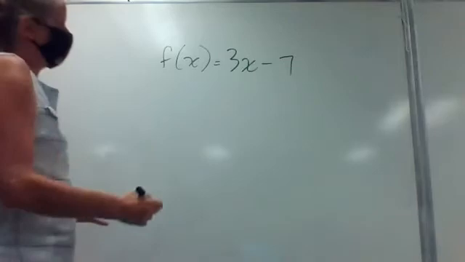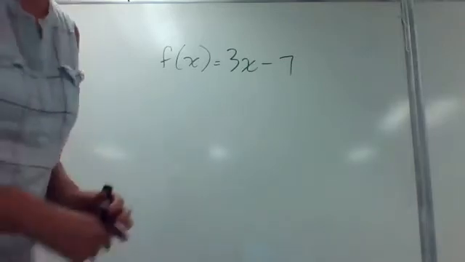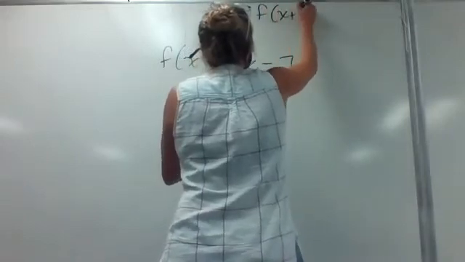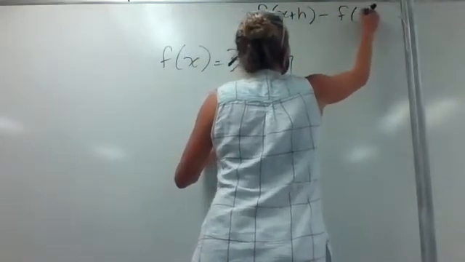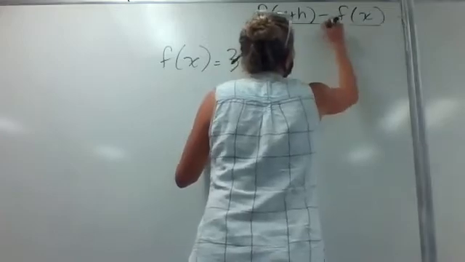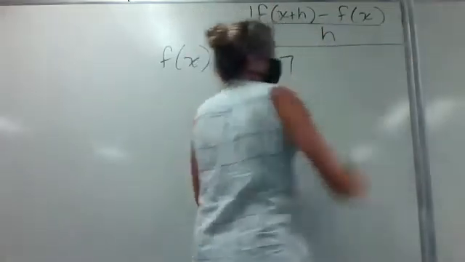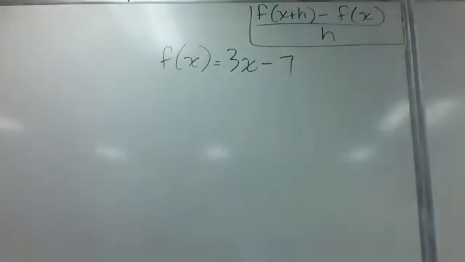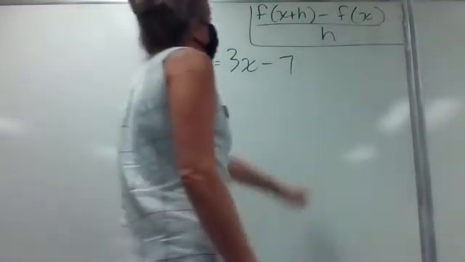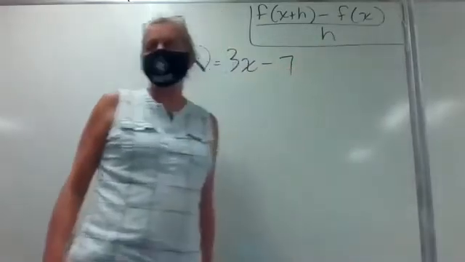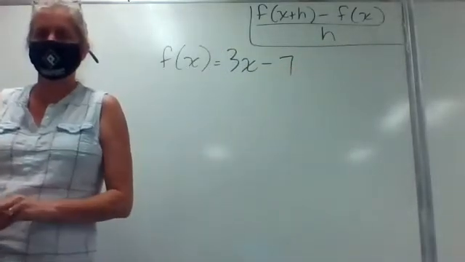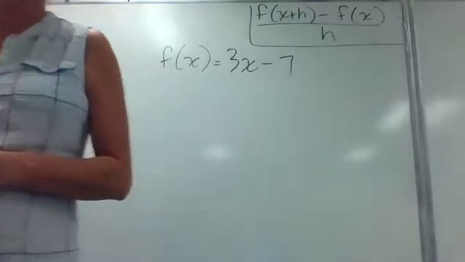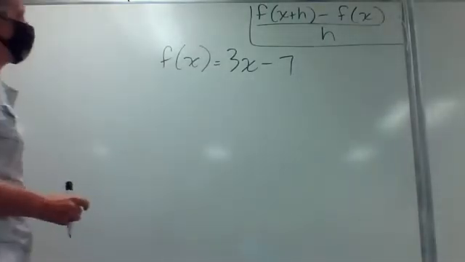Here's the difference quotient. So there's the difference quotient. f of x plus h minus f of x. And the denominator of the difference quotient is an h. Here's how you, once you have your function, construct and simplify the difference quotient.